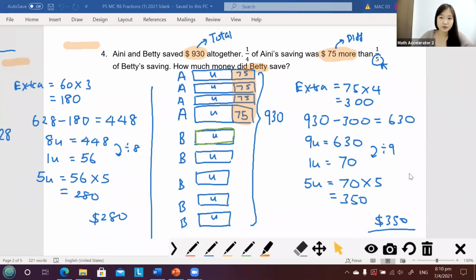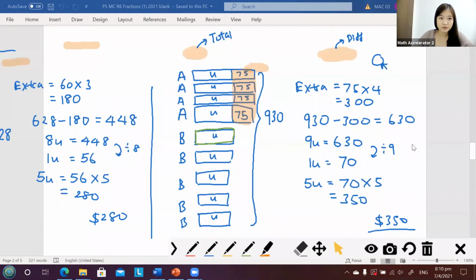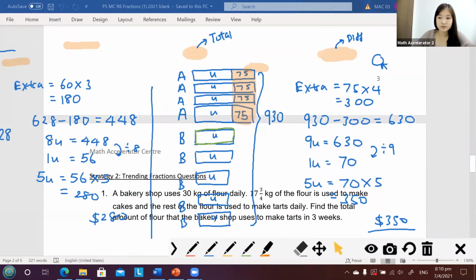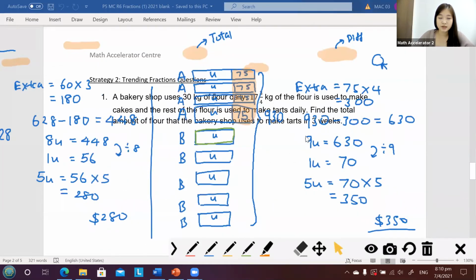Okay, finish up. We're going to go to the next part already. Yeah, strategy 2.